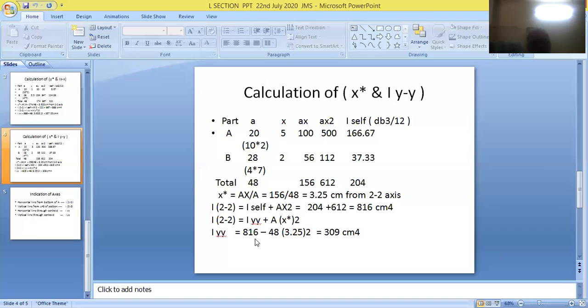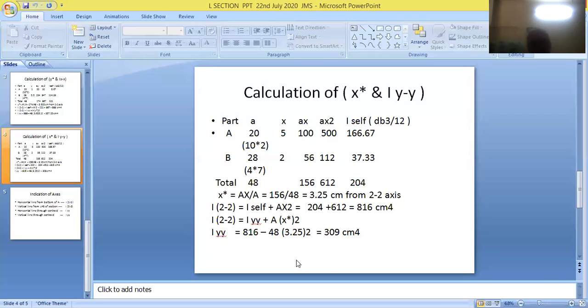So it is written as I22 minus A into X bar square. I22 is 816, A is 48, X bar is 3.25, so whole square. We can find out that value, and ultimately you will be in a position to measure the value of IYY. So it is obtained as 309 centimeter to the power of 4.